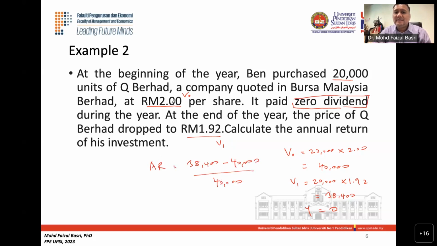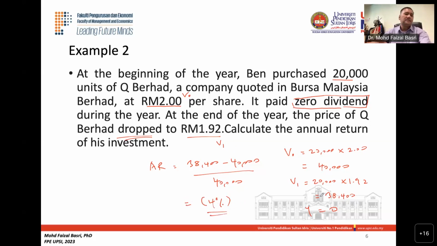In this case, as you can see, the price dropped, so therefore you will have a negative return. So you divide by 40,000, and you're going to have negative 4%.